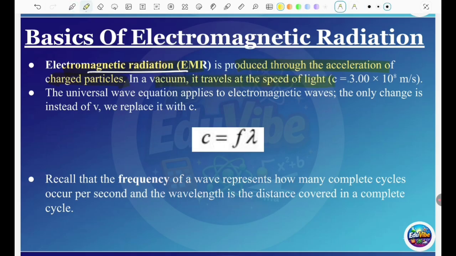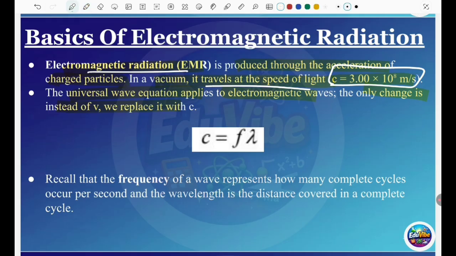In a vacuum, it travels at the speed of light, which is 3.0 × 10^8 meters per second, also the value of c. So you have to know that in a vacuum light travels at 3.0 × 10^8 meters per second. The universal wave equation applies to electromagnetic waves, the only change is that instead of v we write c.